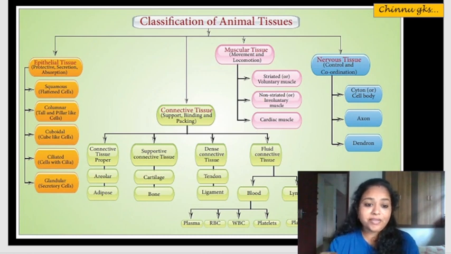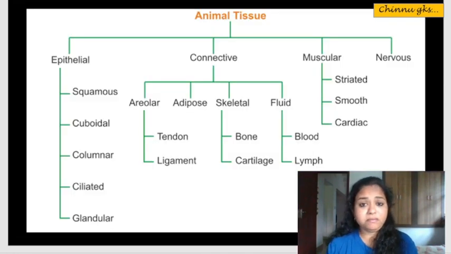I've given the classification outline over here. You can pause the video and go through it. This is a more simplified one, where the animal tissue is classified into epithelial, connective, muscular and nervous. In epithelial, we have already studied squamous, cuboidal, columnar, ciliated and glandular.